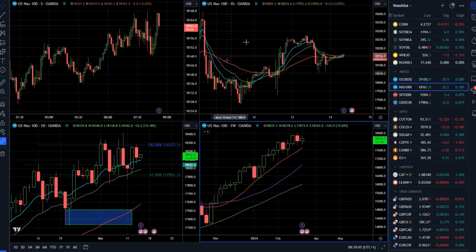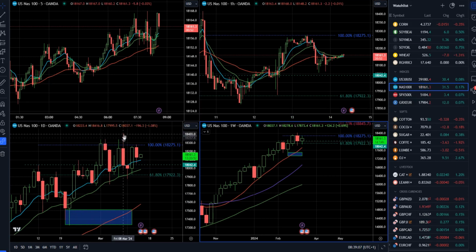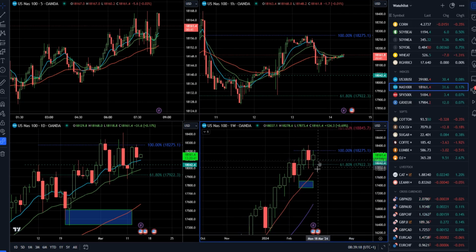And NASDAQ 100, we have a pin bar from a couple of days ago, which can mark a short-term top, and we have the short-term top in place around 18,400 mark. Weekly time frame, so far we have an inside week, and we have an extended market.